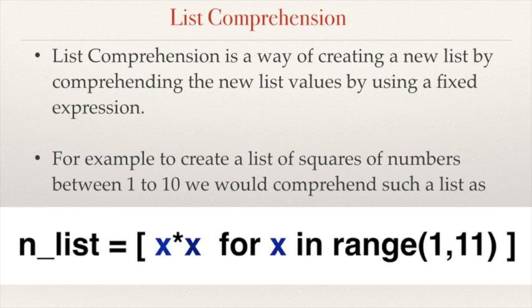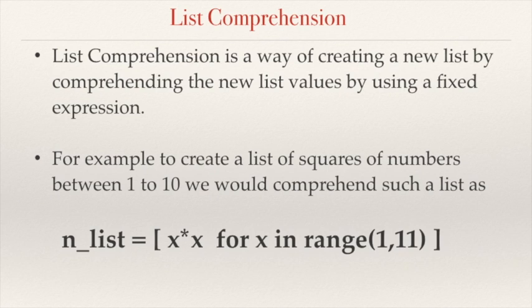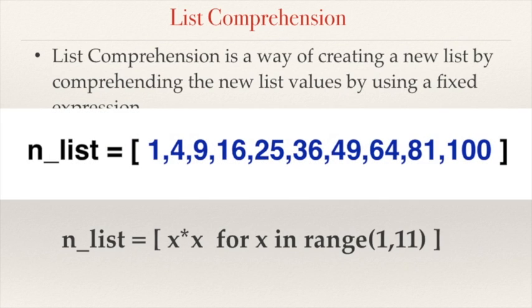Here you can see that a list n_list is created using the elemental formula x raised to the power of 2, where x lies between 1 and 10. This process will create a list containing squares of values between 1 to 10 separated by commas, as visible on your screen.